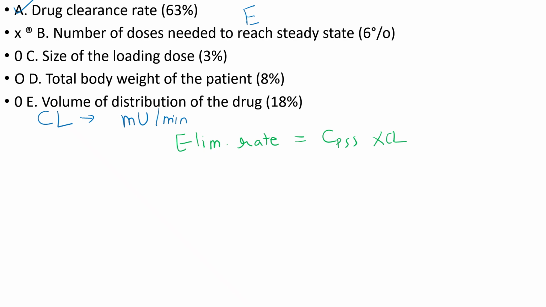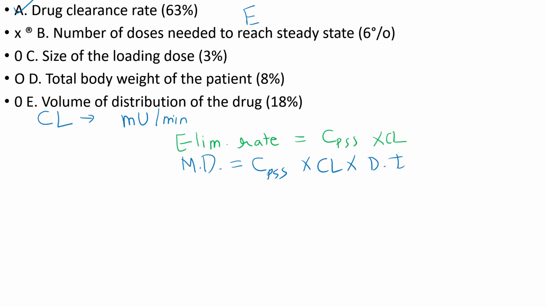Maintenance dose can then be calculated for the appropriate dosing interval by multiplying the elimination rate by the time between doses. So maintenance dose, I told you, all of you want to do your MD in medicine or MD in pharmacology, whichever subject you want. Maintenance dose is clearance multiplied by the dosing interval. So this is the correct option.